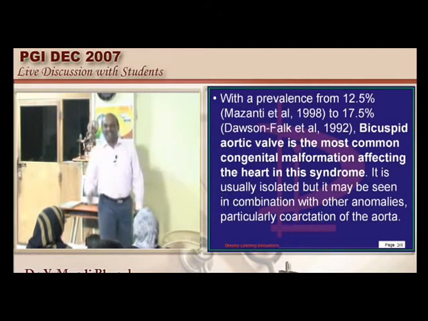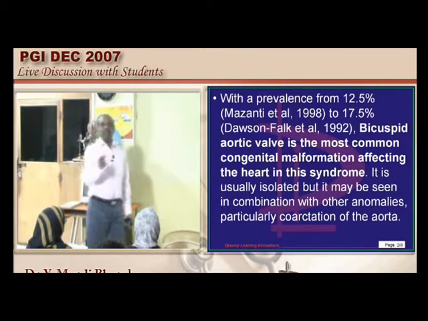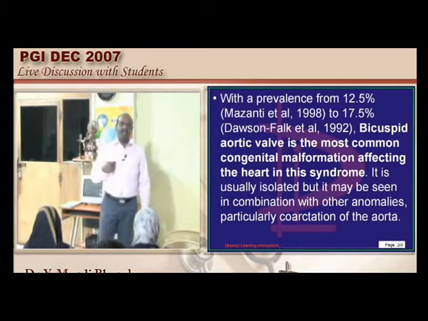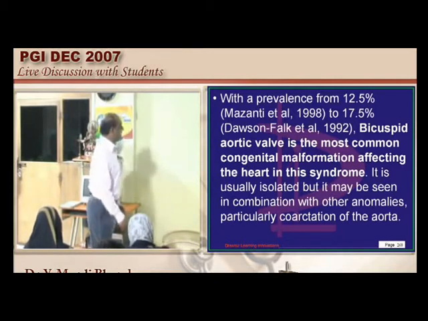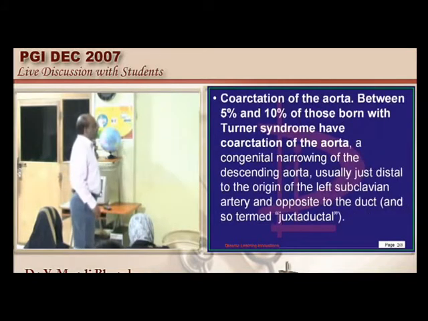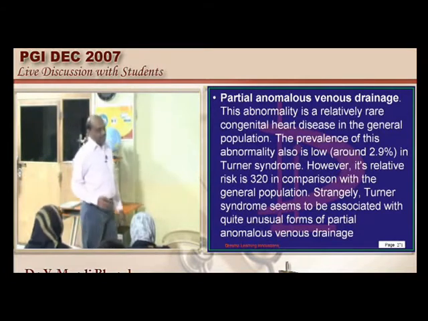It's a good guess but not a correct answer. The correct answer is bicuspid aortic valve, the most common congenital heart disease in Turner's. Then 5% to 10% will have coarctation of aorta, whereas 15% will have bicuspid aortic valve. Then partial anomalous venous drainage is the third important problem that you can come across.